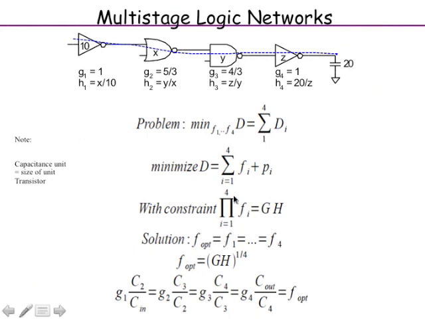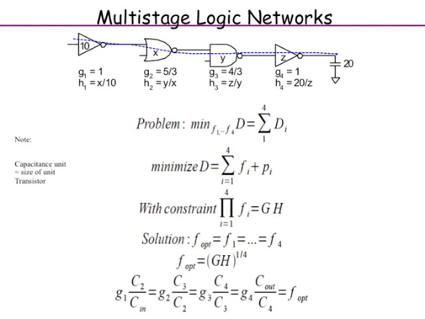When all variables are equal, the optimum F is such that F1 till F4 are all equal to F opt. Then F opt to the power of 4, because the product of all F's is a constant, so F opt times F opt times F opt times F opt is the same constant GH. That means F opt is GH to the power 1/4.